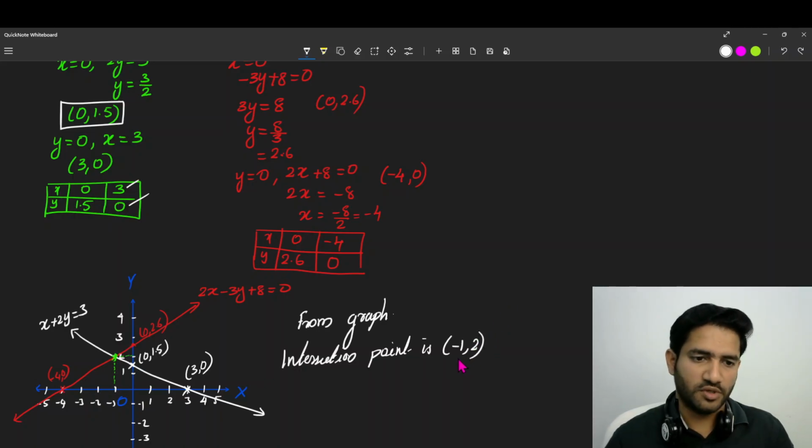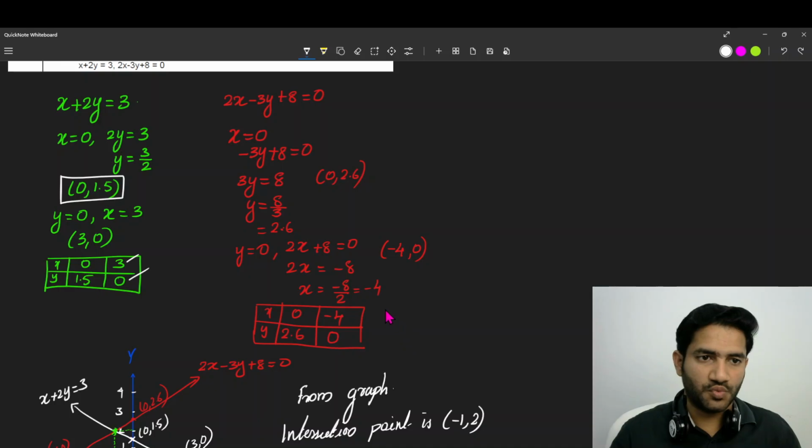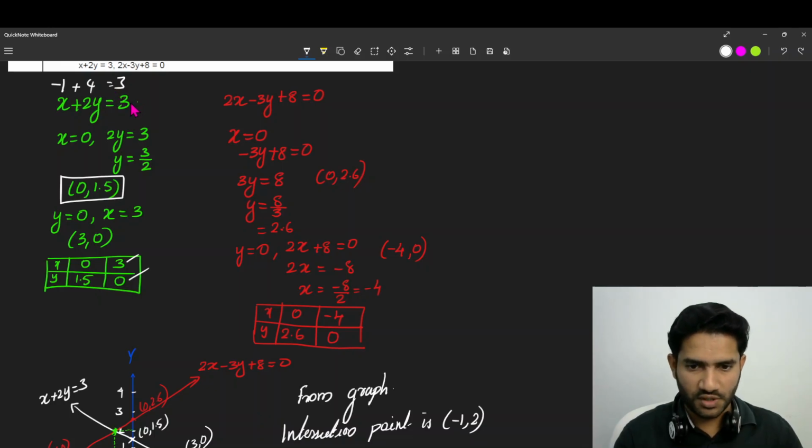So minus 1, 2. If you have any doubts, you can substitute this value in these equations. So -1 and 2. If you substitute here x equal to -1 plus 2 into 2, 4, you will get 3. Satisfying this equation.